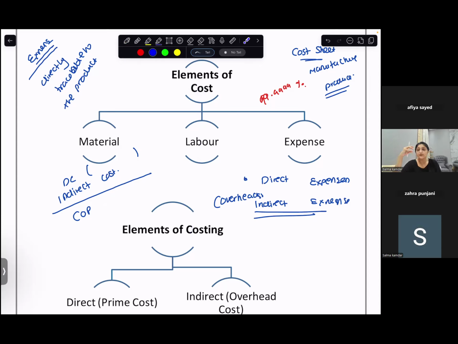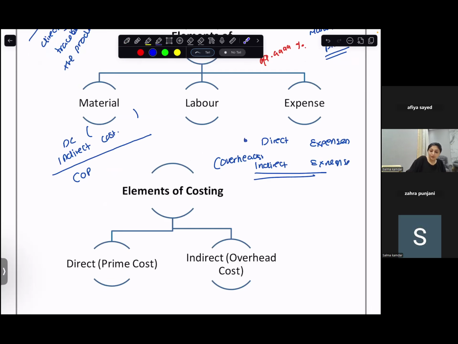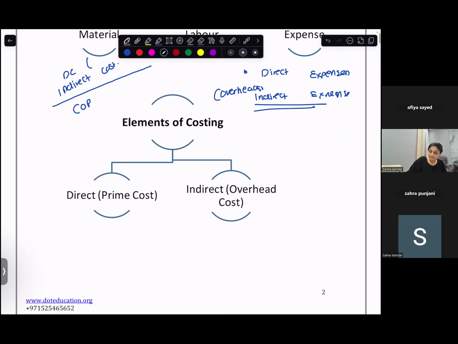Direct cost, then indirect cost, and then cost of production. Direct cost would have direct material, direct labor, and direct expenses, and these are 99.99% variable.